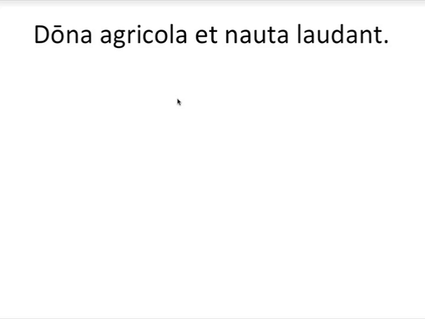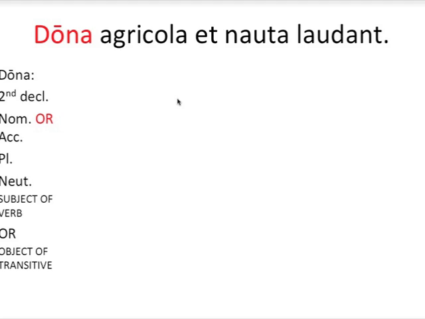Before we do that, I color-coded how things move around in Latin word order to English word order. All right, here's our next sentence. Dona agricola et nauta laudant. We look at dona, we can remember that it is a second declension noun. Now we have a bit of a problem as we look at this word, because that ending, a, on a second declension neuter noun can be nominative or accusative in the plural.